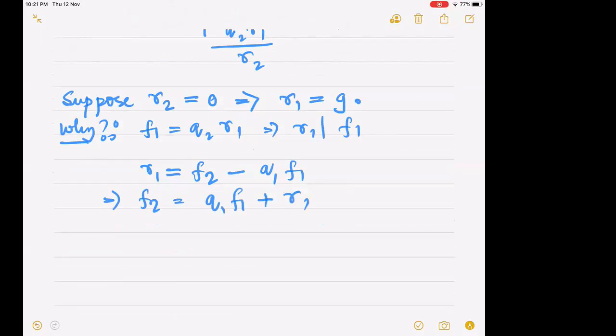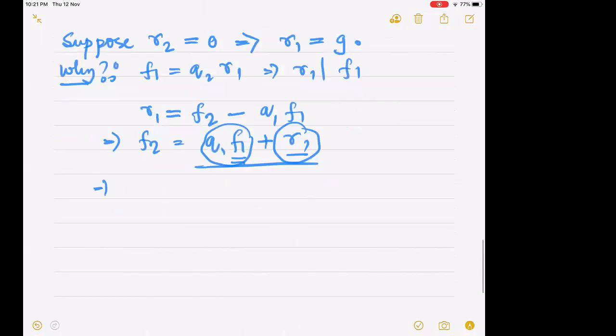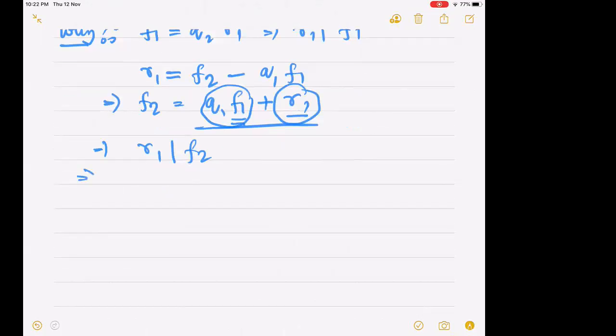Now you see R1 of course divides R1, and R1 we have seen divides F1, which means R1 must divide all of this sum, right? If this is a factor of R1, this is a factor of R1, the sum of these two things is also a factor of R1, which then implies R1 divides F2 also, which means R1 indeed is a common divisor.